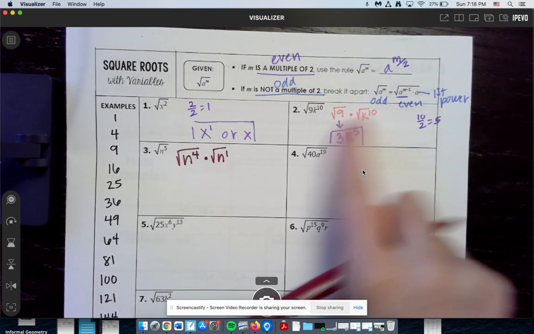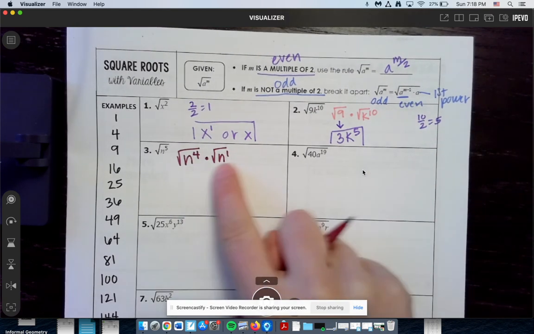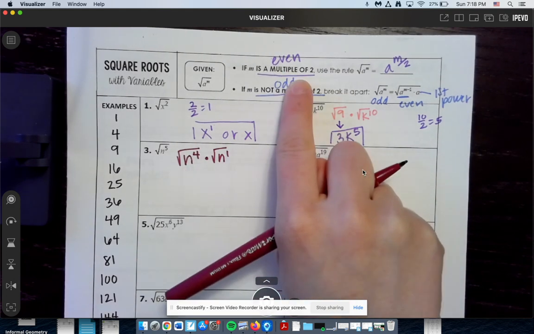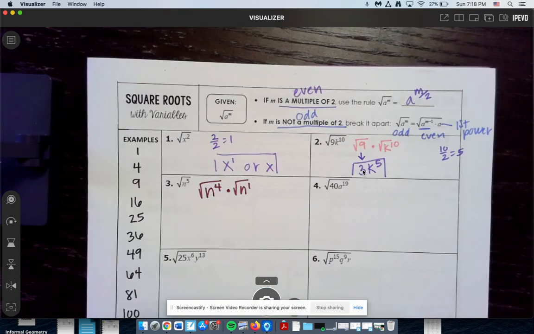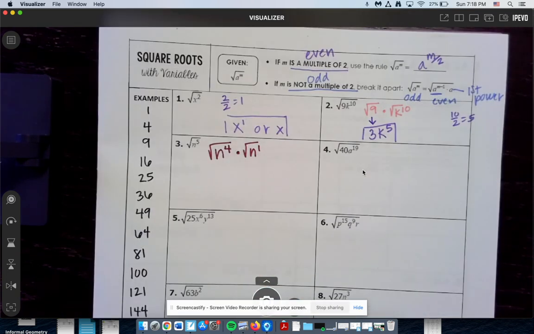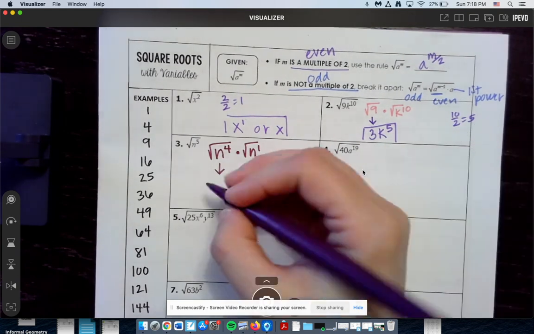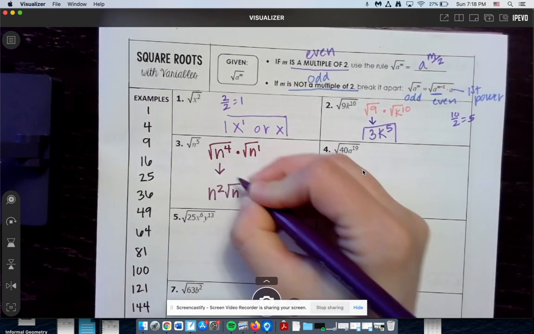We took 5 minus 1 to get 4, and then we have our leftover first power of n. Now we can follow the first rule. If it's a multiple of 2, so if it's even, we can just divide the number by 2. So now how many times does 2 go into 4? Twice. So it's going to be n squared with the leftover n inside.